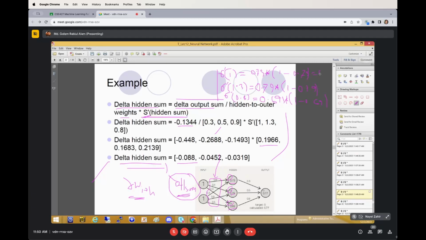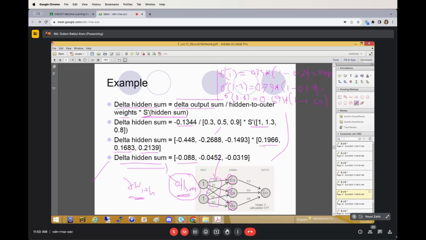Okay, 0.1966. Similarly, for this value you will get 0.1683, and for the last value you will get 0.2193. Now, what we have to do?